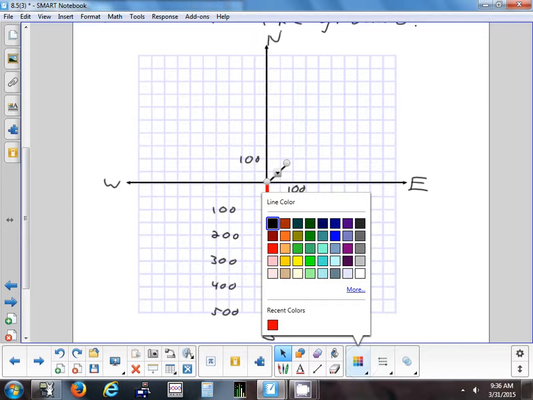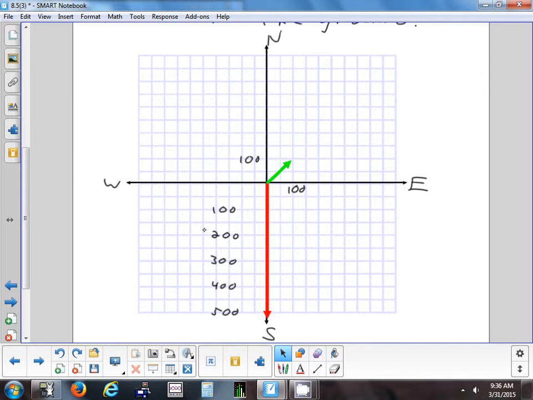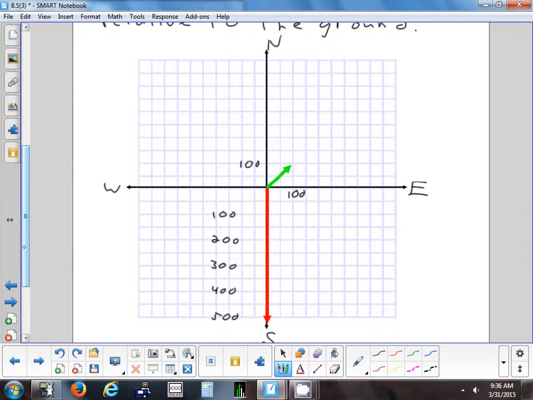Okay, now let's do that in green. Okay, so let's label each one. Okay, so in red, this is my plane. In green, that's the wind.